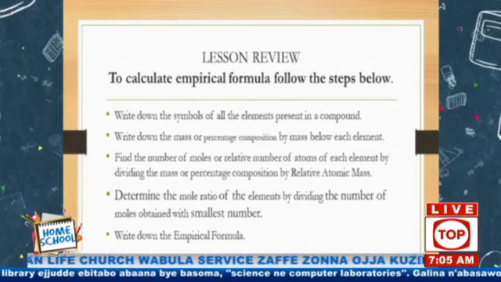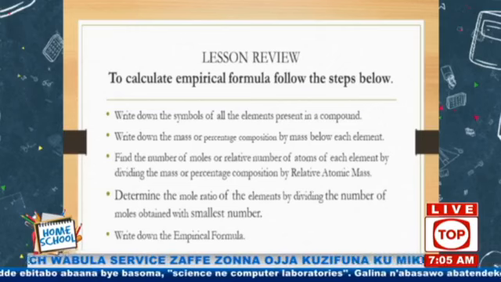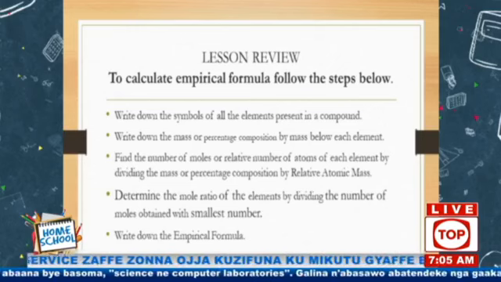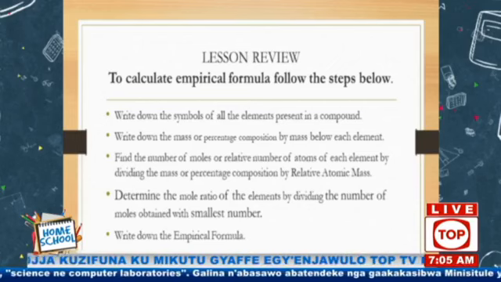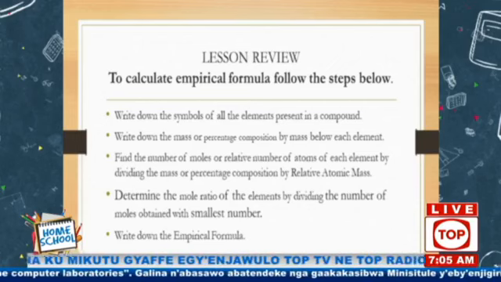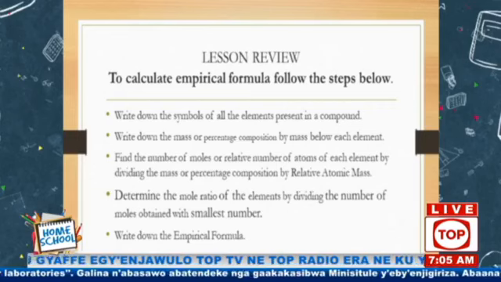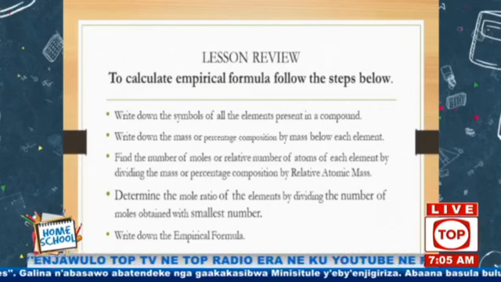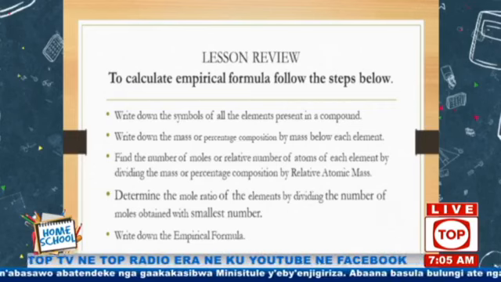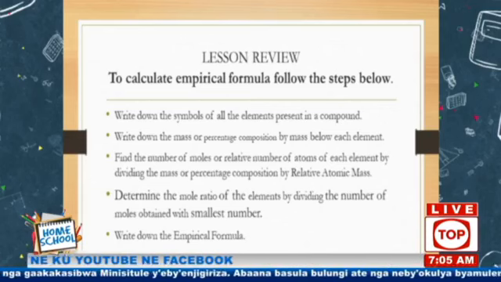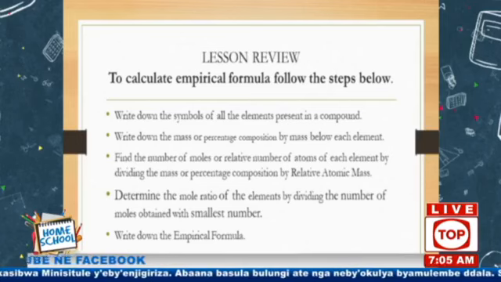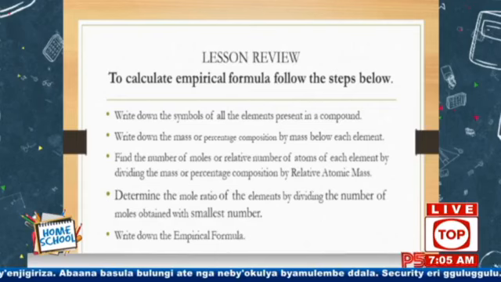And we said that once you have the number of moles, then you can use those moles to determine the mole ratio. How do you get the mole ratio? You look at which one is the smallest number. After looking at which one is the smallest number, then you divide by that smallest number throughout. Then what you get is what they call mole ratio, and you use the mole ratio to get the empirical formula.